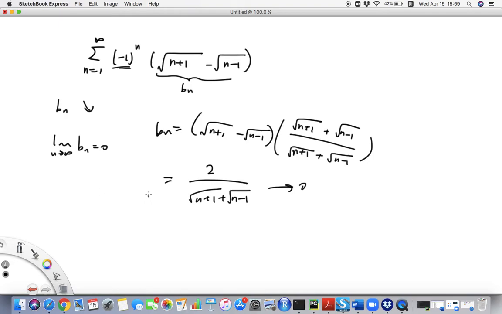Some of you used calculus to show that it's monotone. So you define f(x) equal to square root of x plus 1 minus square root of x minus 1. You take the derivative, and you can show that the derivative is always negative.